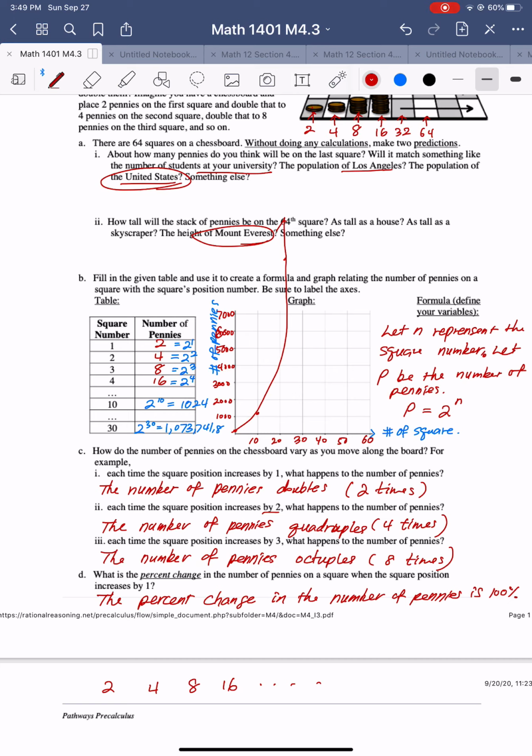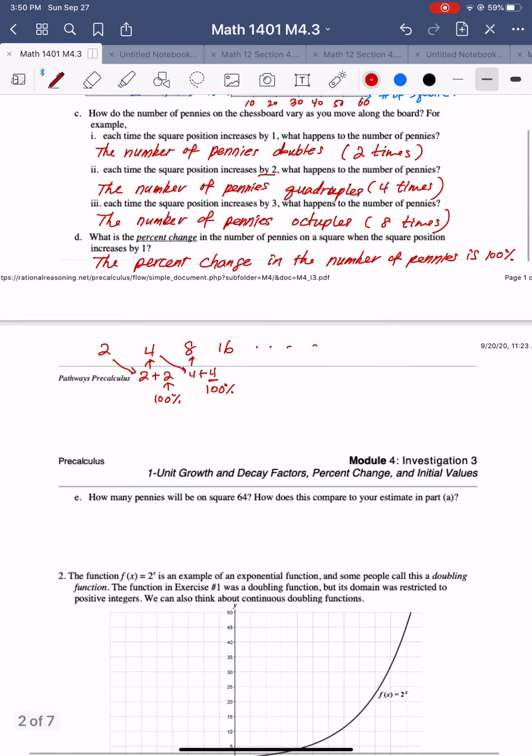The next square, you get 2 and another 2. That first 2 is from the previous, but this second 2 is the increase, exactly the same as the previous one. So it's 100%. Same as 8: 8 is 4 plus 4. The first 4 is coming from the previous one, but the next 4 is the same as the previous one, which is 100%. So this is a 100% increase.